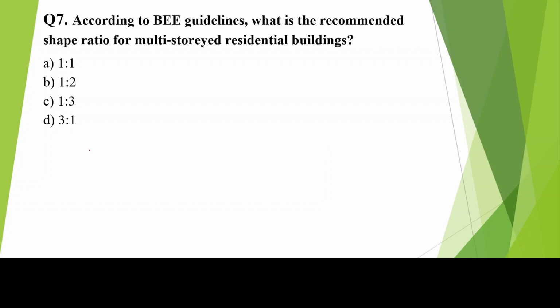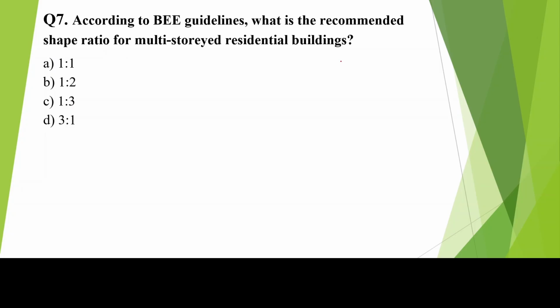Here is question number 7 for you. According to the BEE guidelines, the Bureau of Energy Efficiency guidelines, which were well discussed, what is the recommended SAPE ratio for multi-storey residential buildings?